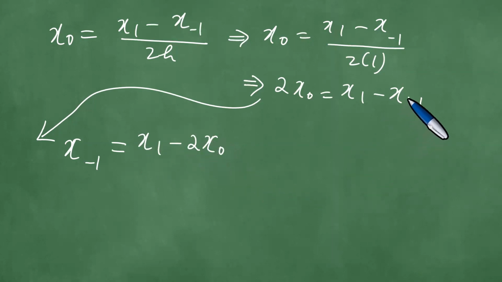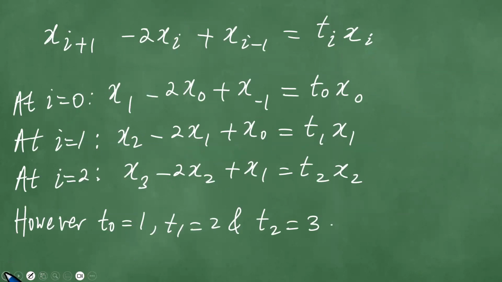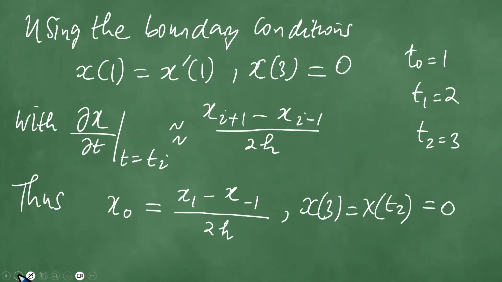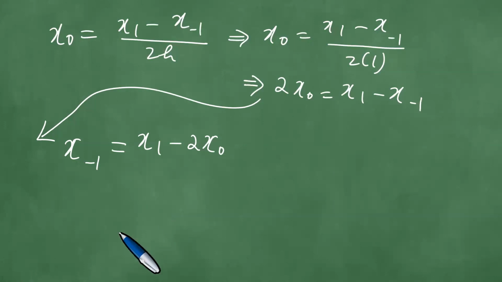So it means therefore this one is powerful because it's going to replace the x subscript minus 1 wherever it features in our equations, like here. Because there's this one with a negative subscript, we can use this one.